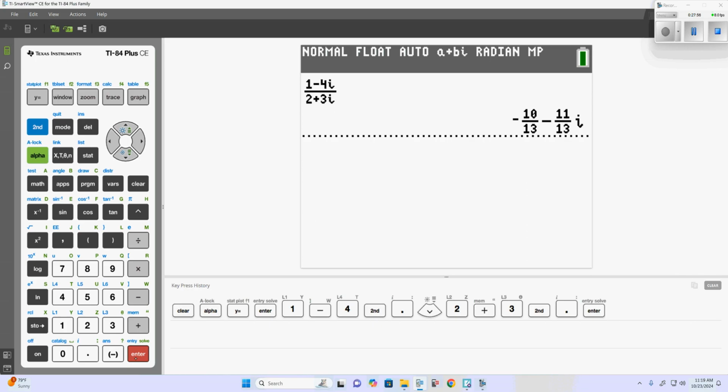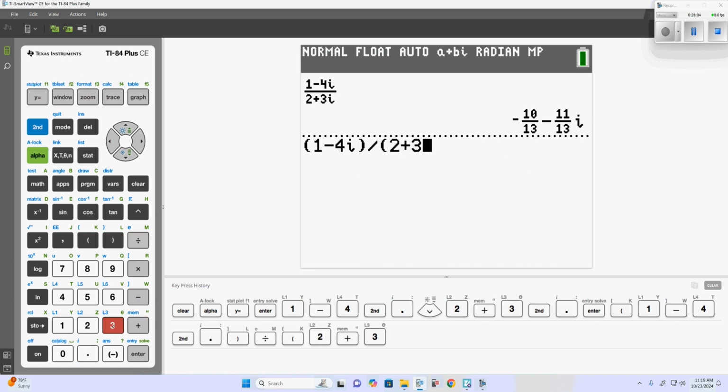Now, let's do this a little different. Parentheses, 1 minus 4i divided by 2 plus 3i. So again, a fraction is just the same as dividing. You can clear it, or you can just go on and type it in on the next line.